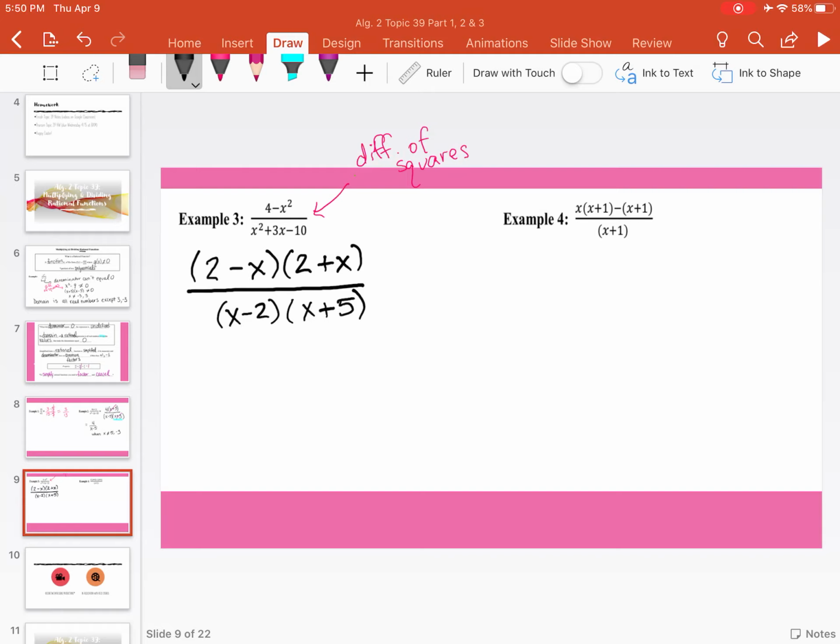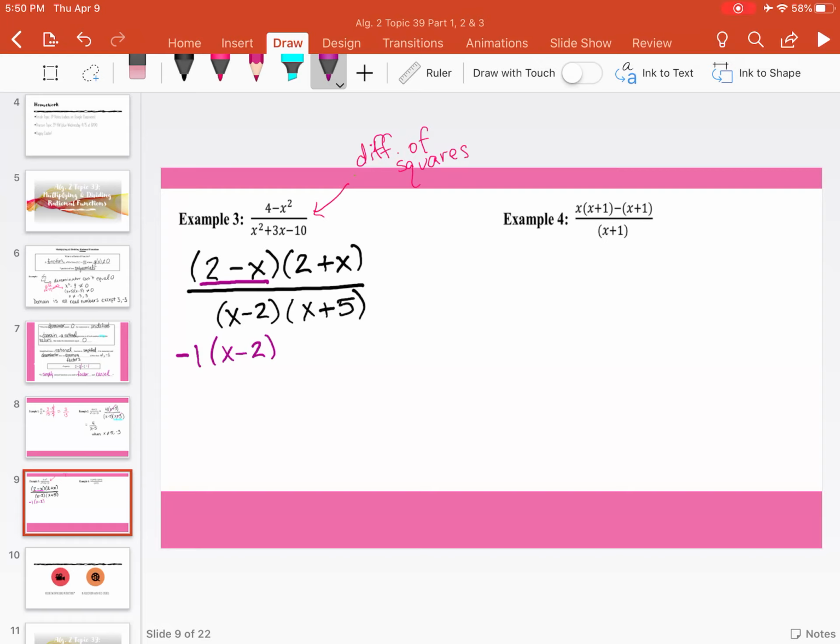What we're going to do in the numerator is we're going to factor out a negative 1 out of this term right here. If we factor out a negative 1, then what we end up with is x minus 2. Because instead of x being negative like it originally was, it changes to positive.